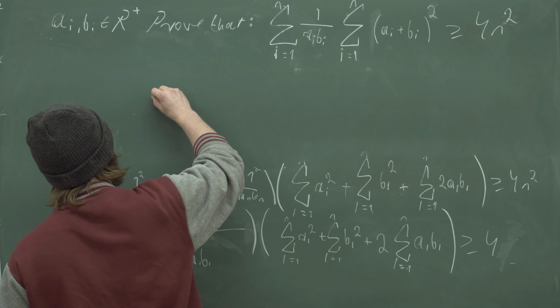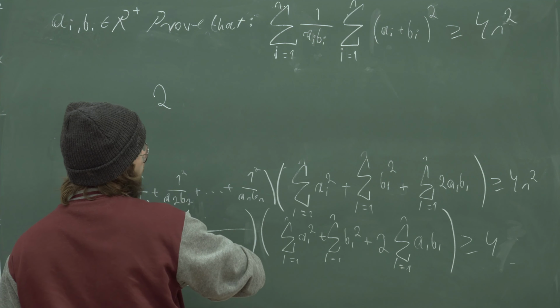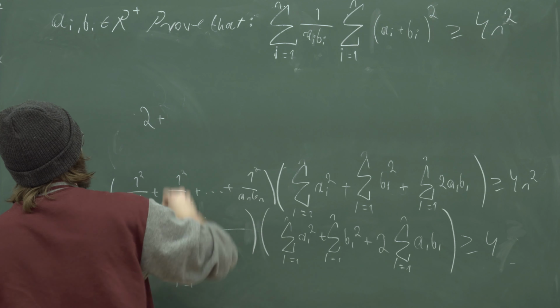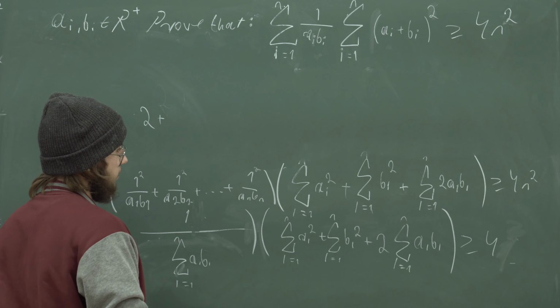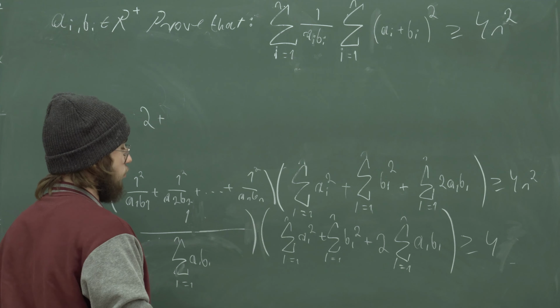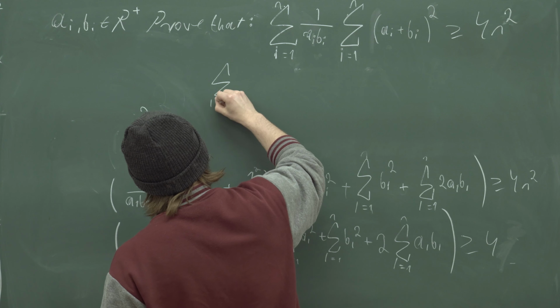So we're going to get just 2, a huge 2 actually, and then we're going to get a big fraction, unfortunately, of this sort.